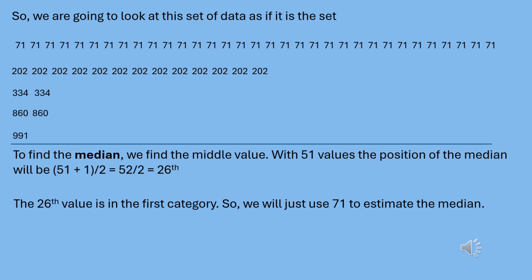So the 26th data value should be the median. But 33 of them are 71s. So the 26th value actually falls in the first category. So we are going to just use 71 as an estimate for the median.